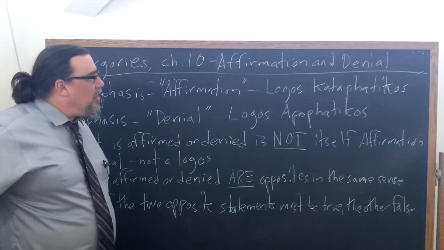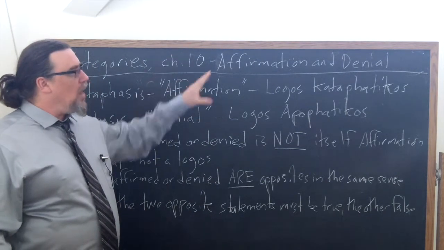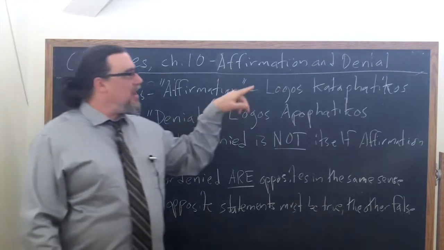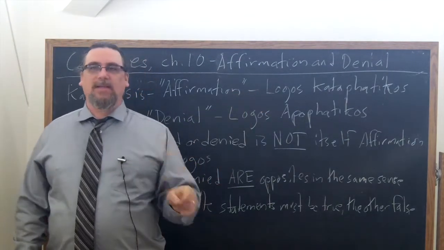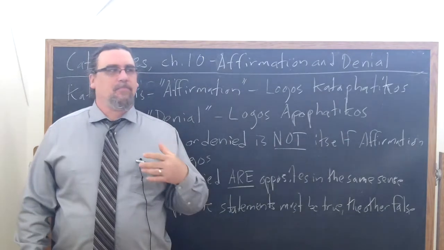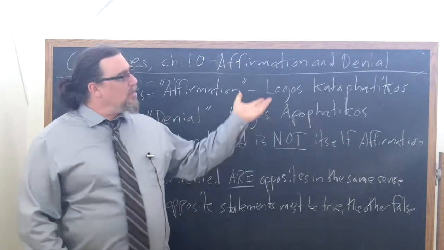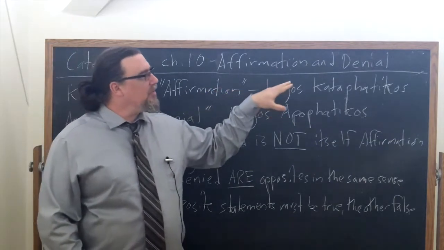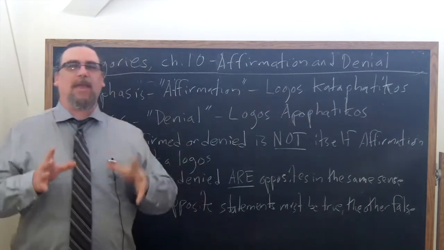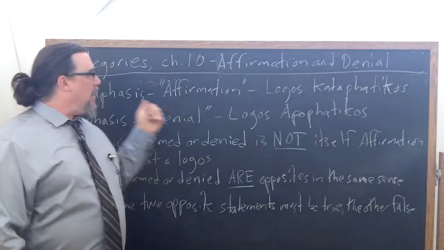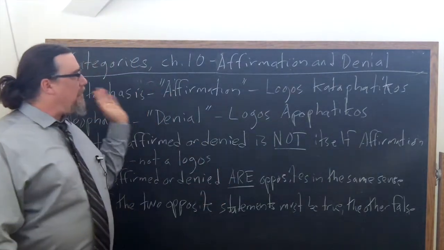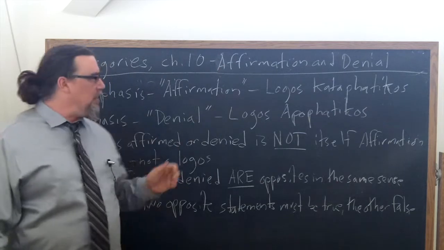And Aristotle clarifies that what we mean when we talk about kataphasis is a logos, a statement, a verbal, or we could say mental entity, logos kataphatikos, so a statement that is affirming, an affirmative statement. Affirmation is affirmative statement.